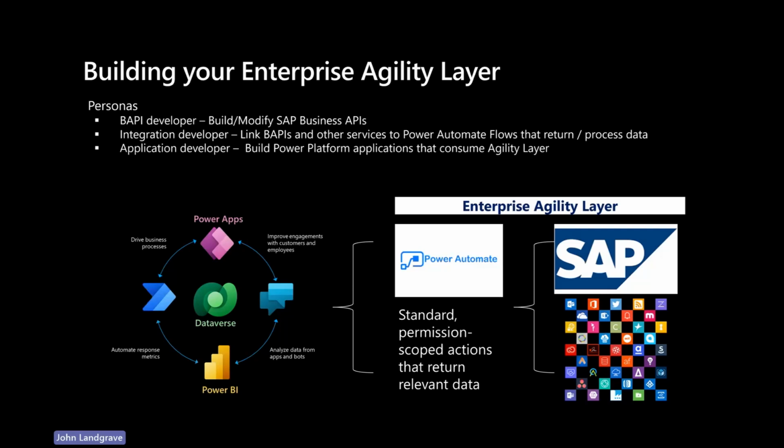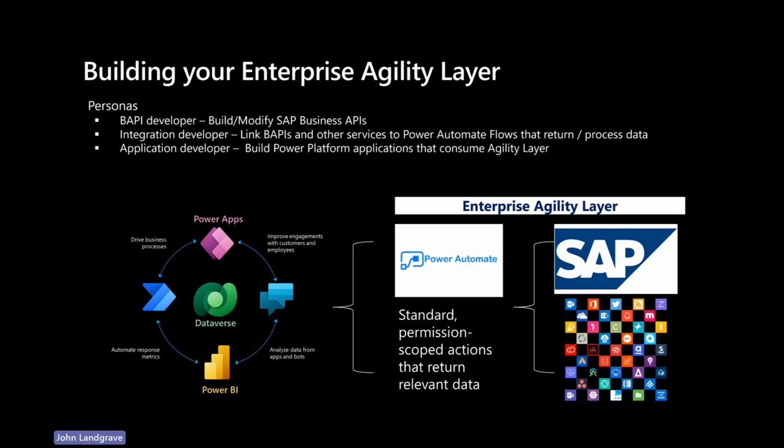But the goal here is that this team of folks will take the entire set of connectors, not just the SAP connector, and work toward what Gartner calls the enterprise agility layer. Not everyone uses the Gartner term, obviously, and I don't see a lot of cases where it truly is enterprise-wide.